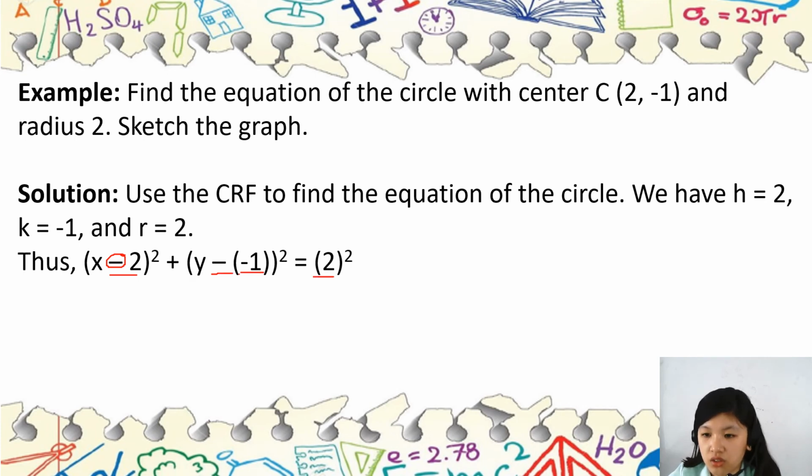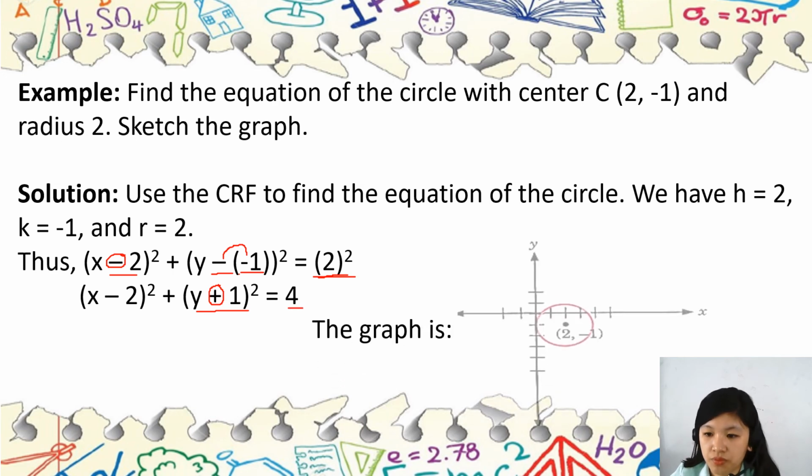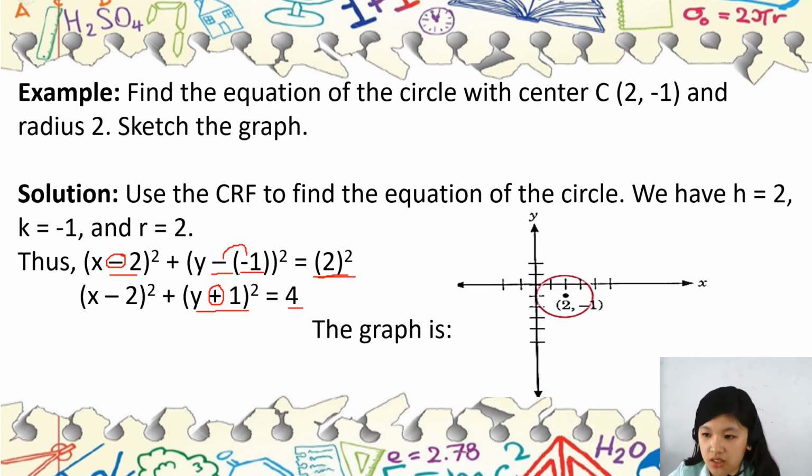Then r squared. Now let us solve. Negative times negative equals positive. Then here, 2 times 2, or 2 squared, is 4. And the graph is like this.